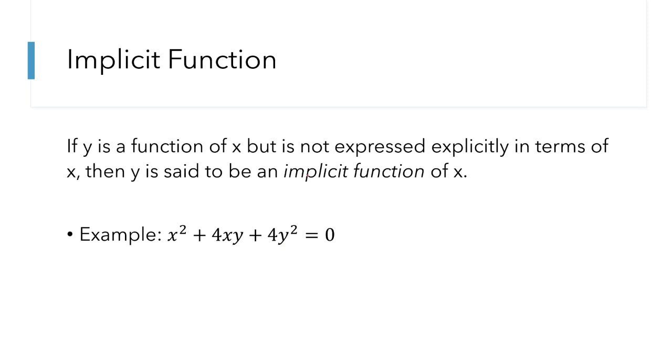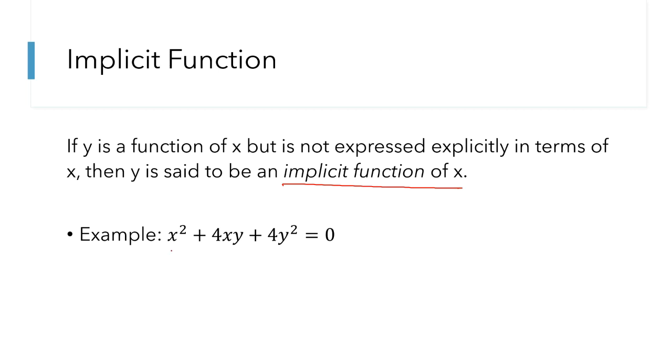However, in an implicit function, if y is a function of x but is not expressed explicitly in terms of x, then y is said to be an implicit function of x. Just like here, y is not equivalent to f of x, where y is already combined with the variable x.